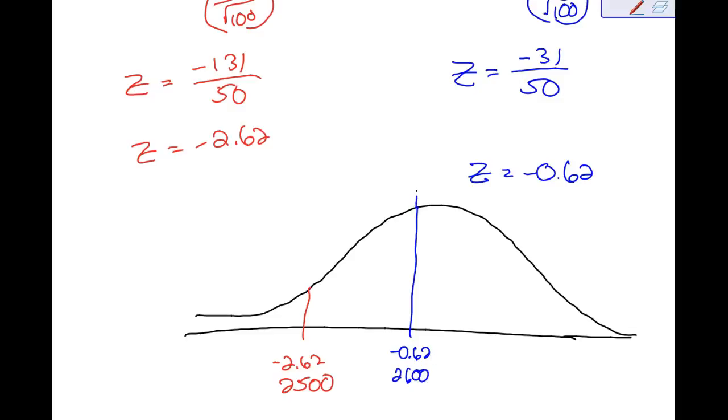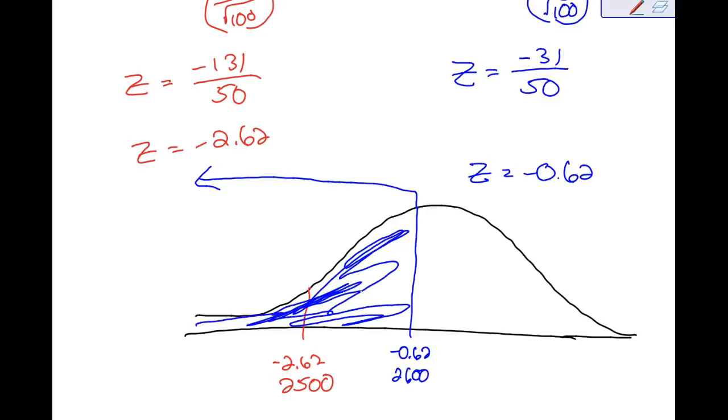Whenever I get the probability for a z value, it includes everything to the left. This one includes over here, but I want just this portion, so I'm going to have to subtract them out.